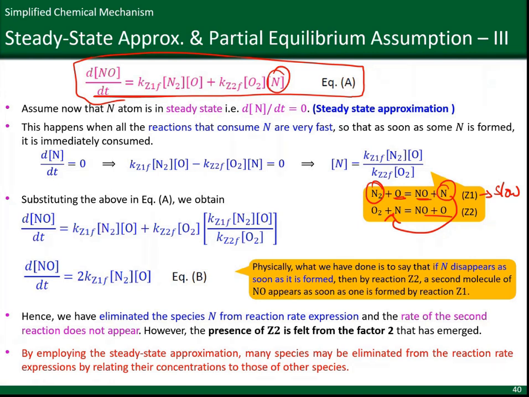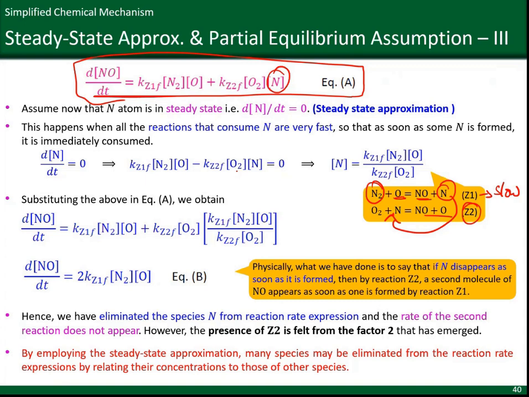So you can effectively say that the second reaction, the reaction that consumes nitrogen, is so fast compared to the first reaction that its concentration remains small and more or less constant.